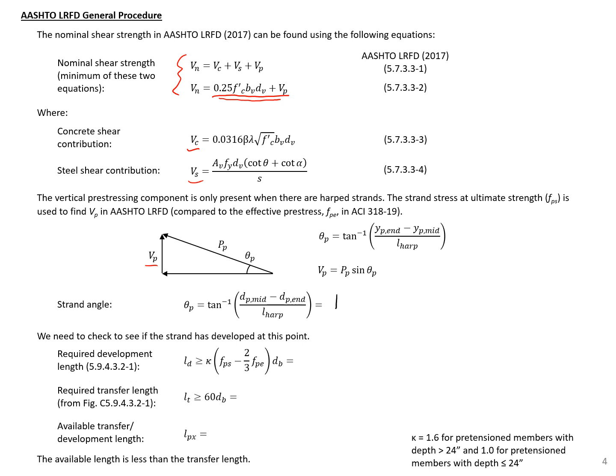We can do this by taking the inverse tangent of our midspan strand depth minus our end strand depth divided by our total harping length, which for us is half of the span length, so 30 feet times 12 inches per foot, which will give us an angle here of 1.43 degrees.